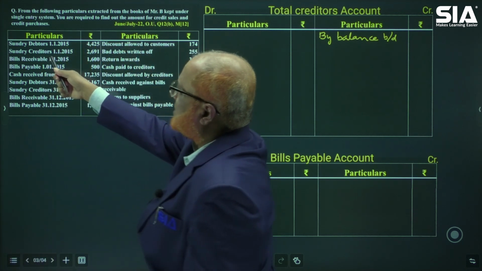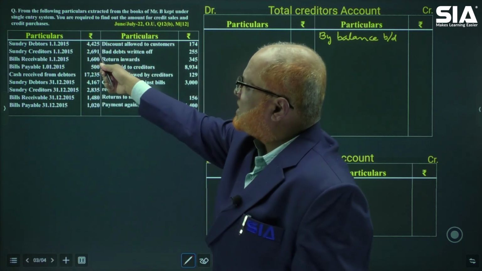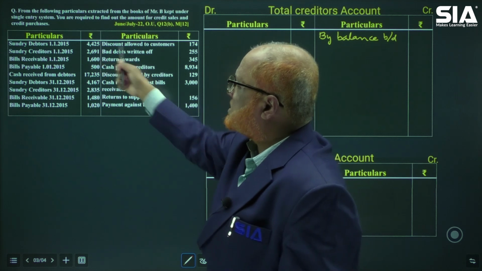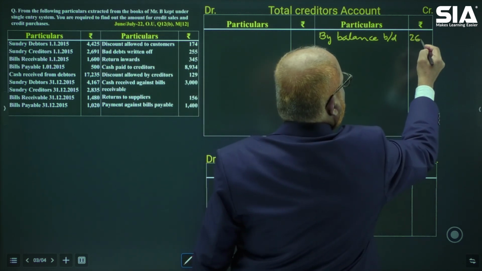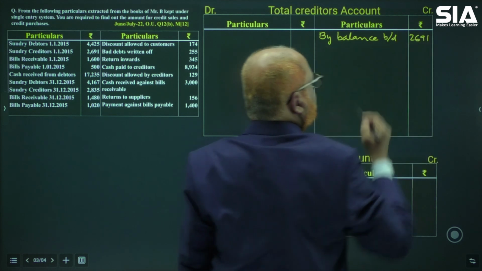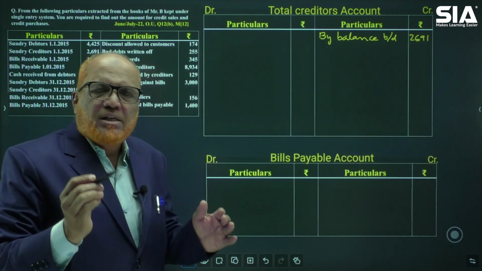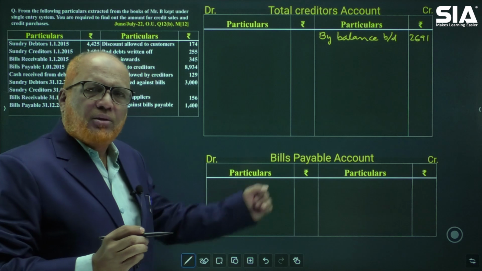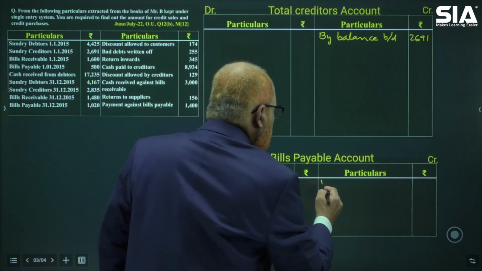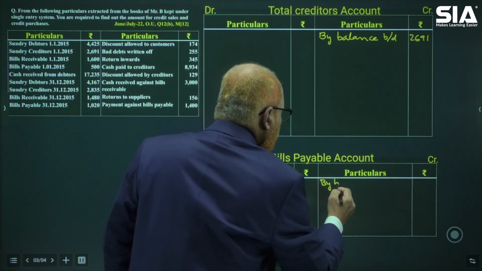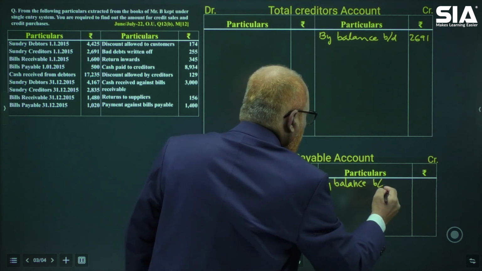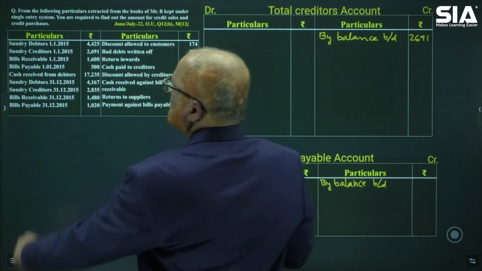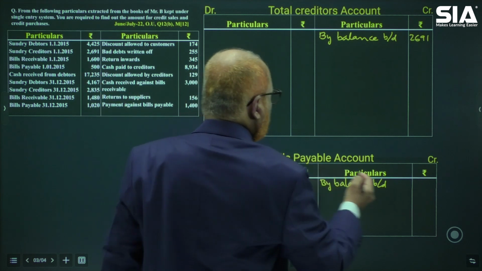Here in the problem you can see sundry creditors on 1st January 2015 is 2691. So here I am taking 2691, right? Similarly, bills payable is also a liability, so credit side, by balance brought down. How much is the bills payable at the beginning? 500.